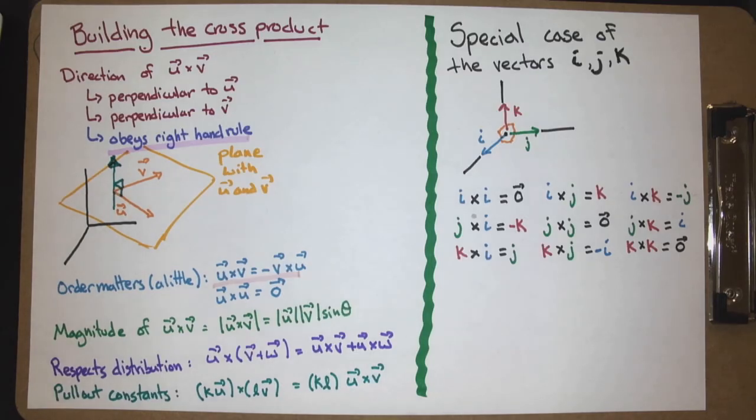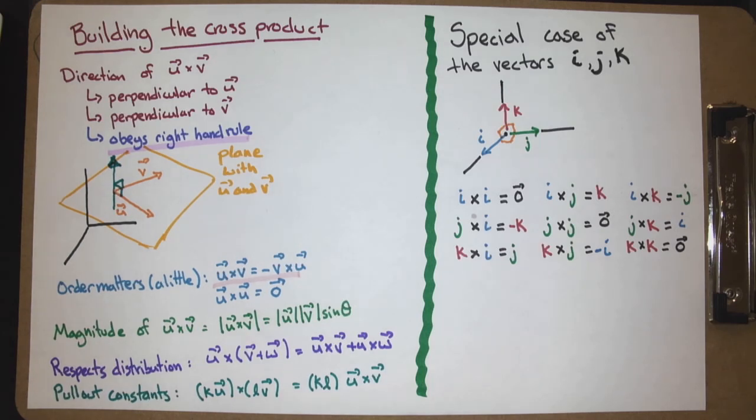They're not the same. So order matters, but only up to a minus sign, and that's just because of the way you have to break your tie. One other thing to note is that u cross u equals 0. There are a couple of ways to think about this.